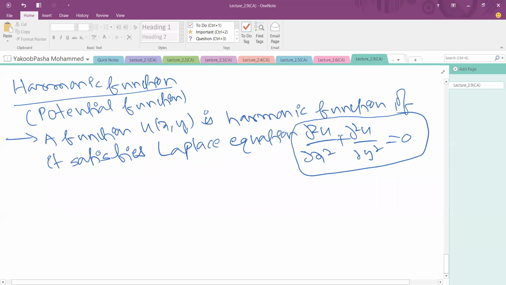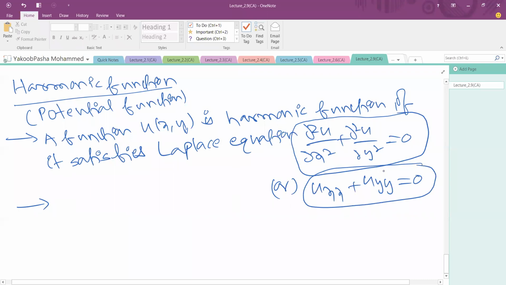Whenever a function satisfies the Laplace equation, that function is called a harmonic function. That is, u xx plus u yy is equal to 0. Then we say that the function is a harmonic function.